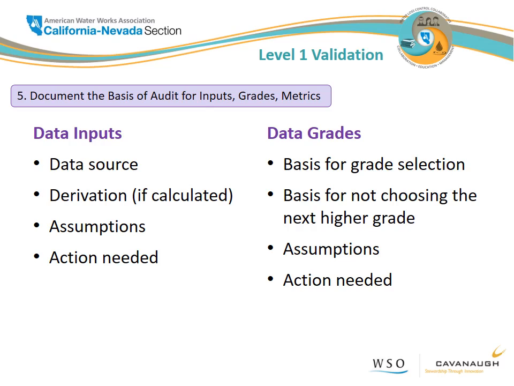On the data grade side, a lot of the same types of things need to be documented. In particular, what is the basis for selecting that grade. If you decide, for example, on a given input that it needs a grade of a 6, it's not necessarily important to simply rewrite all the criteria for a grade of a 6. All that's in the grading matrix already.